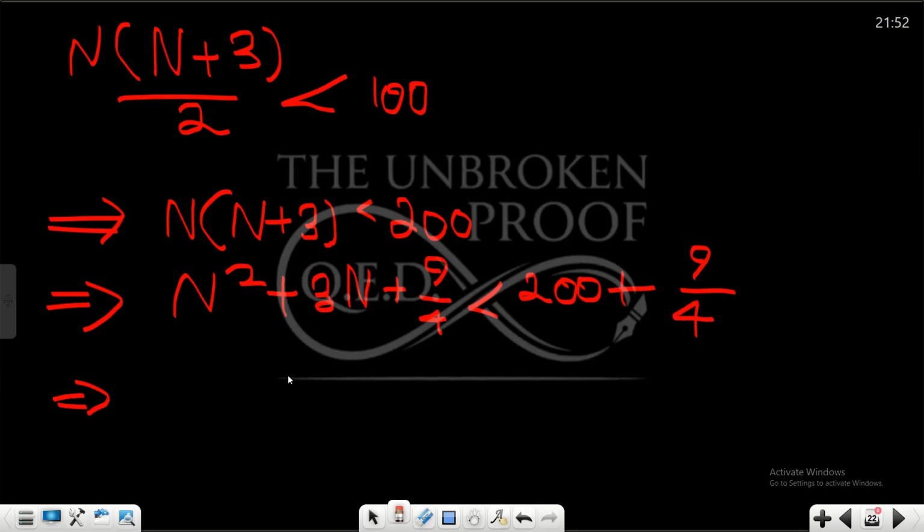If I write in terms of whole square, we will get n plus 3 by 2 whole square, and this should be less than 809 by 4.